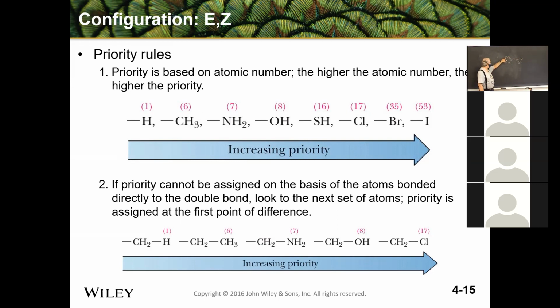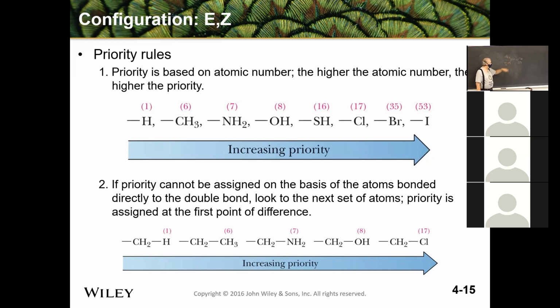In this case, it's carbon versus oxygen. Carbon's atomic number is 6, oxygen is atomic number 8, so oxygen is the winner. So this would be Z.